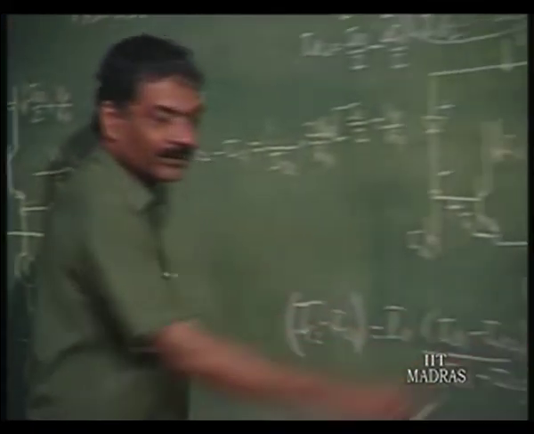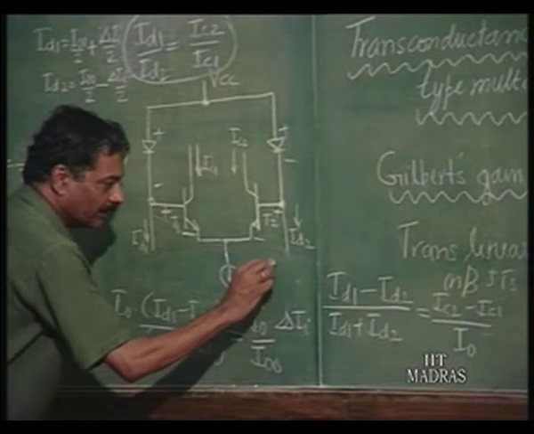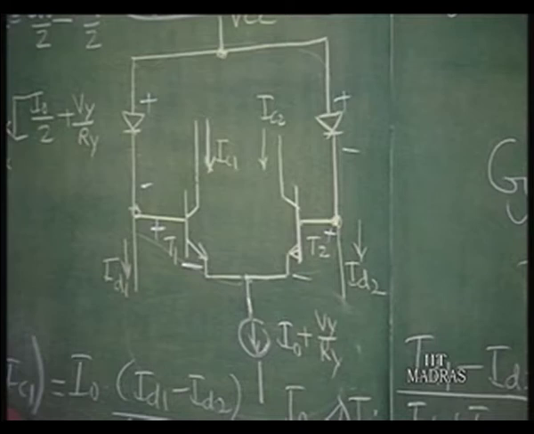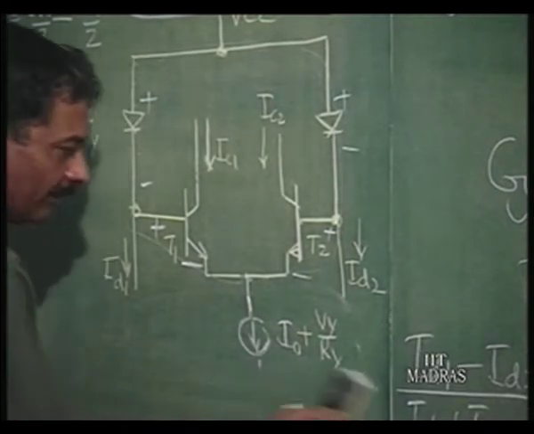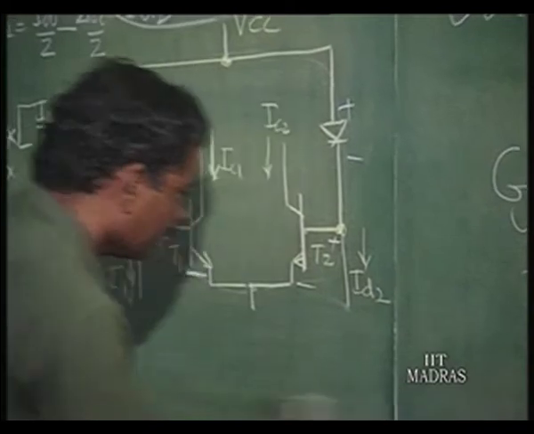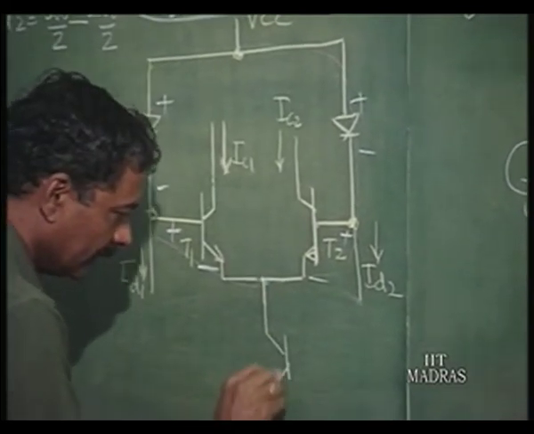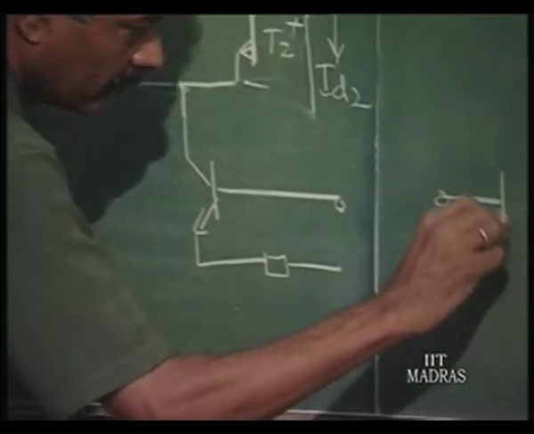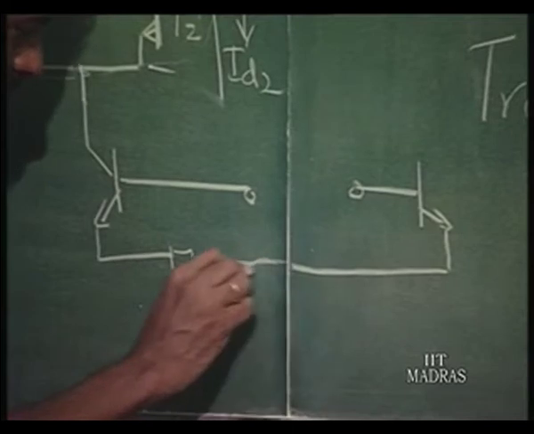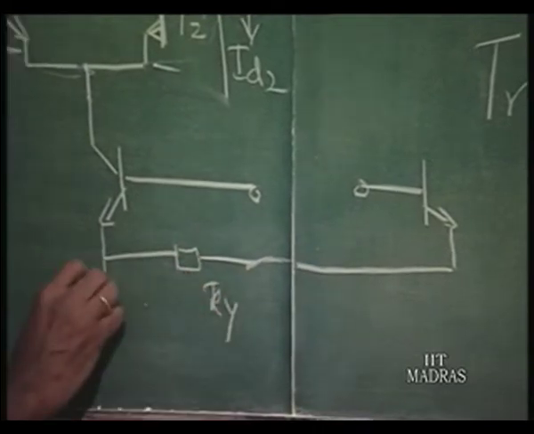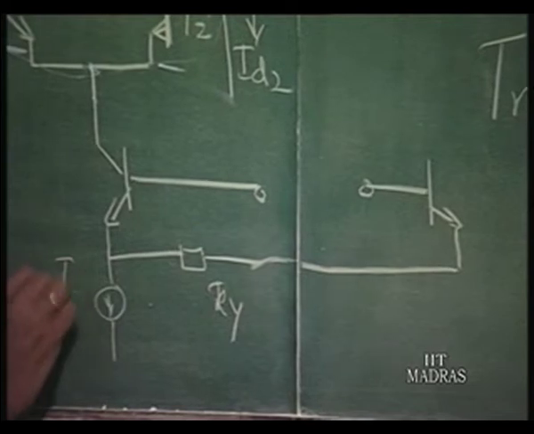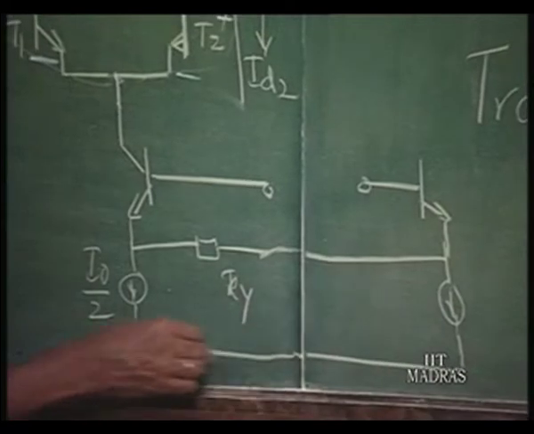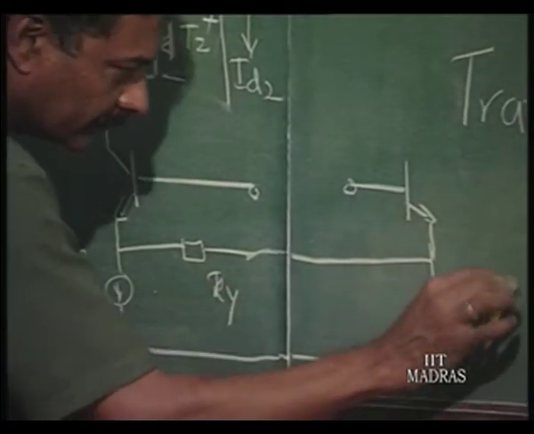Instead of a current source of I naught, I will simply put I naught plus Vy by Ry there, a current source. How do I get that? That can be got by putting here the same thing, Ry I will put, and then I naught by 2, I naught by 2.